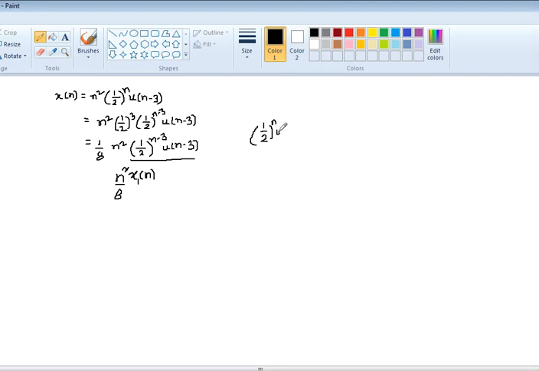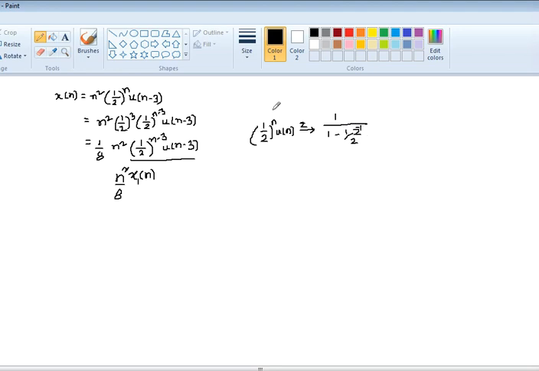The z transform of this is equal to 1 by 1 minus 1 divided by 2 into z raised to minus 1.